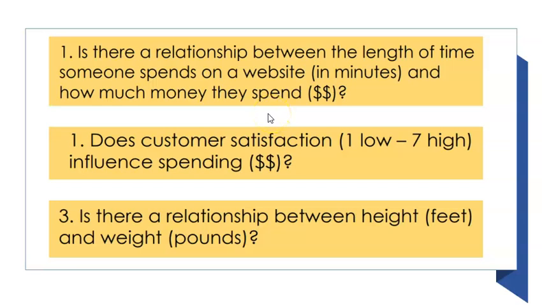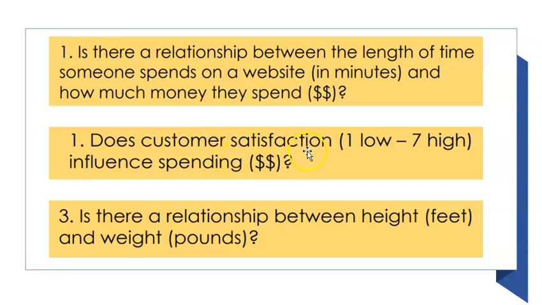But as I said before, if we want to predict one dependent variable, let's assume how much money is spent is the dependent variable, and the independent variable is the time someone spent on the website, then you can proceed with the regression test. Your time on the website will predict how much money you spend. In that case, that will be the regression test.